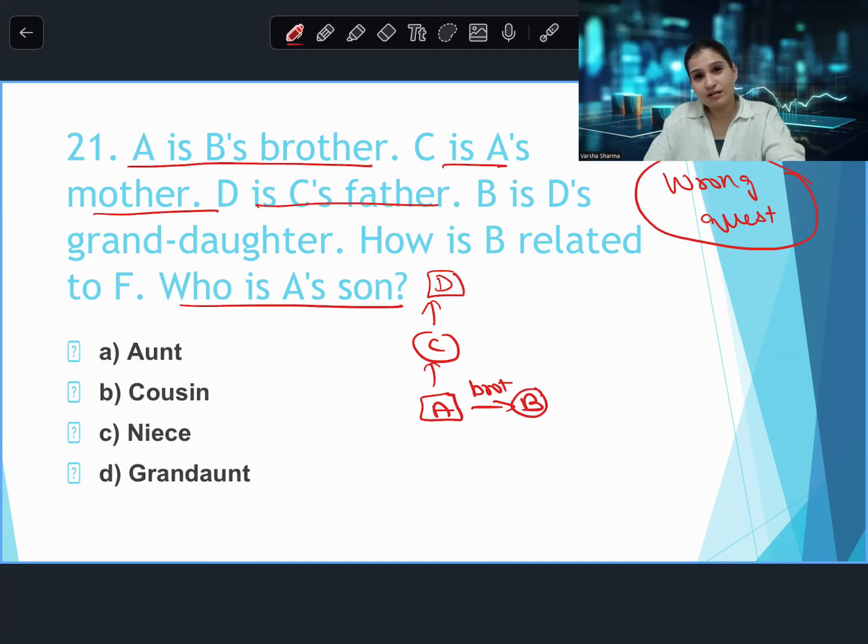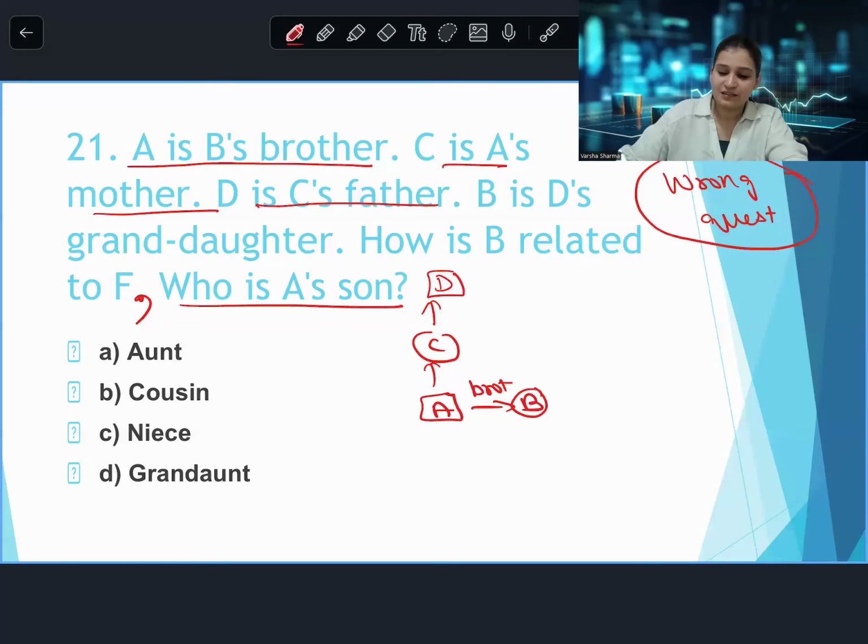What if the question is how is B related to F? If it is A's son, I guess. There should have been a comma.